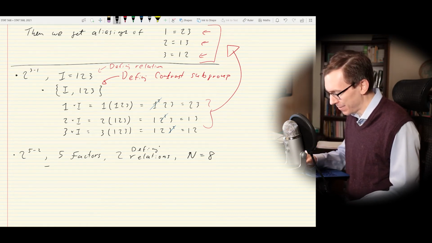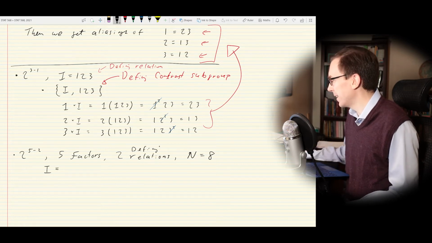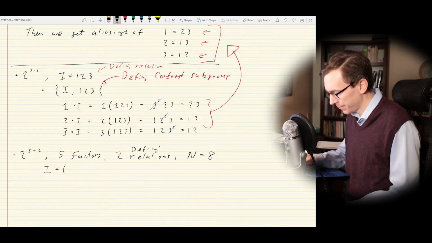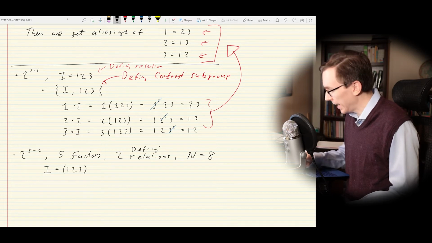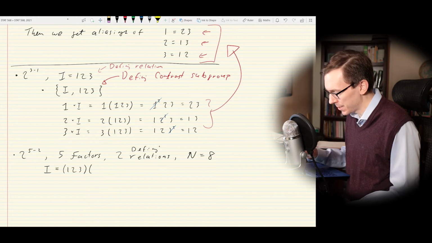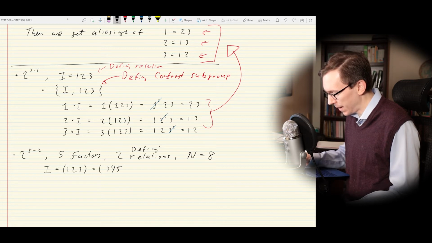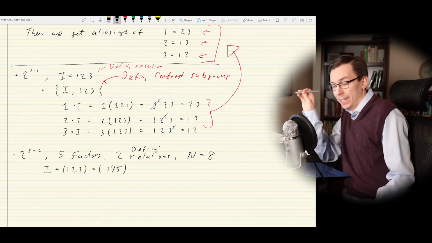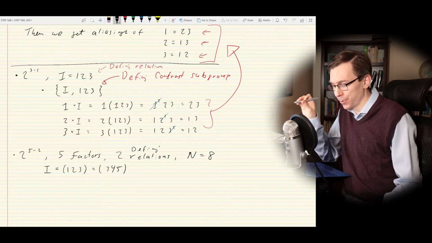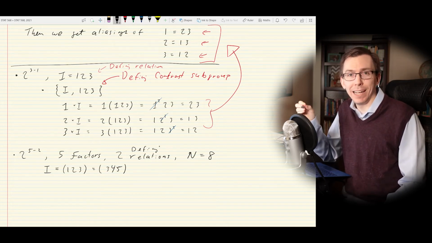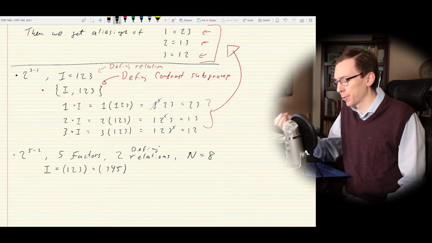Let's say we have defining relation I is equal to, I think I had 1, 2, 3, and 3, 4, 5. Well, if I have all of these, then remember, a mathematical group says that I should be able to multiply any 2 elements in the group together to get another element of the group.